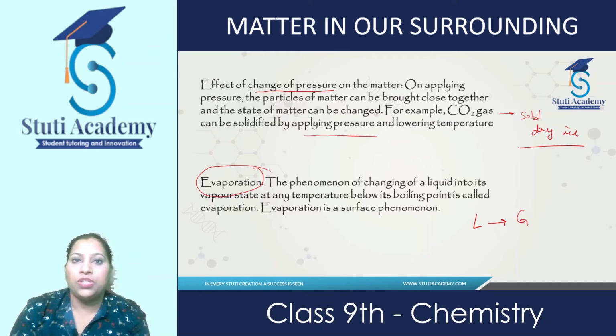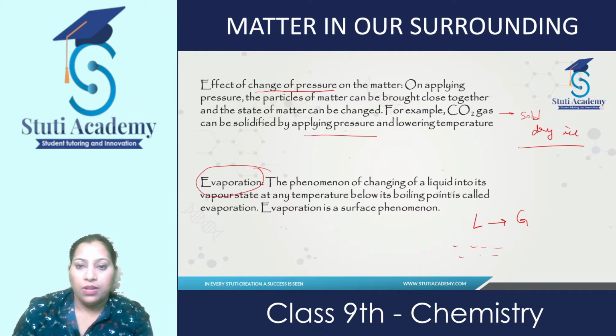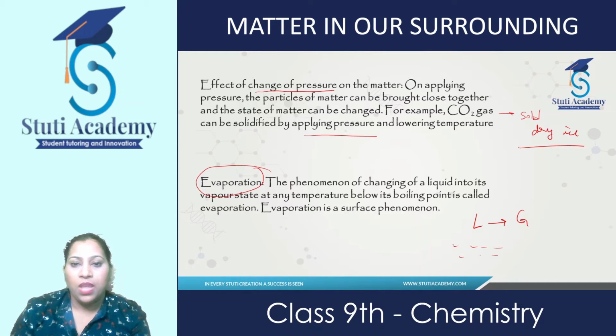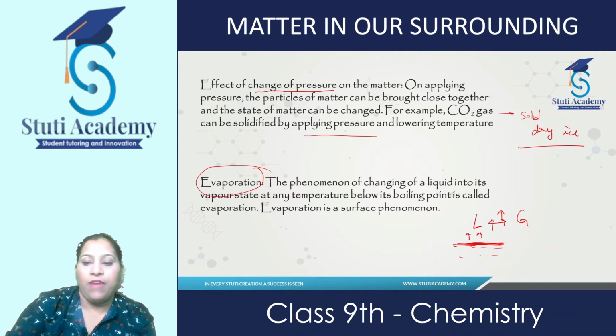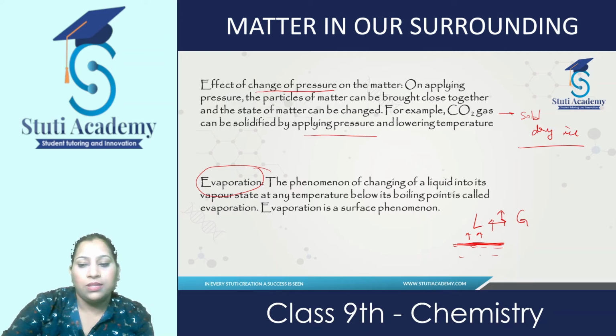And evaporation is known as a surface phenomenon, because when liquid changes into vapor form, the particles, after gaining heat, gain energy and start vibrating, and they move in the upward direction from the surface. That is why evaporation is also known as a surface phenomenon.